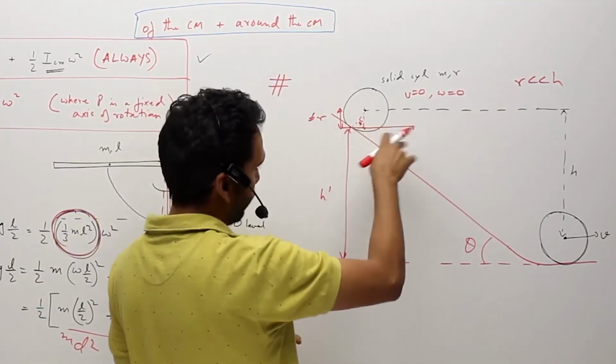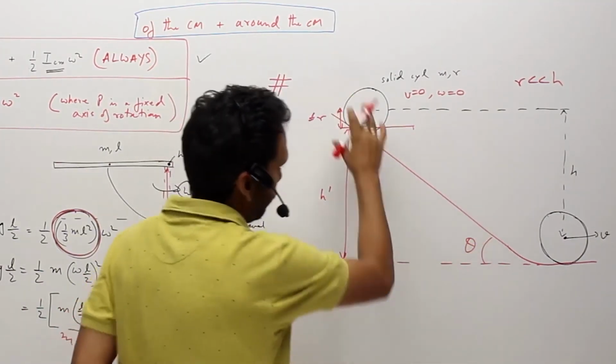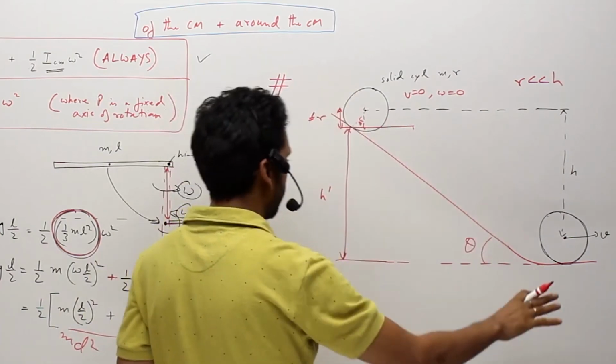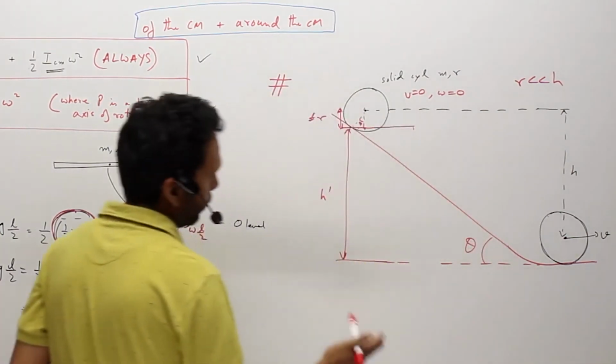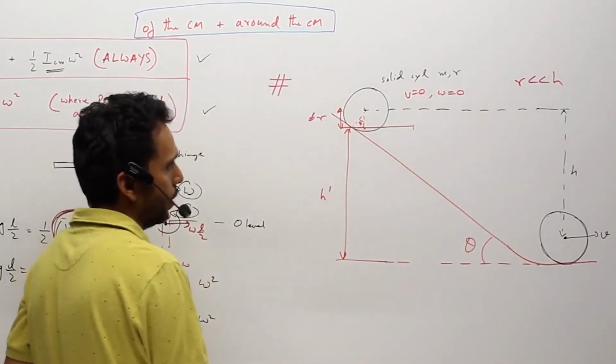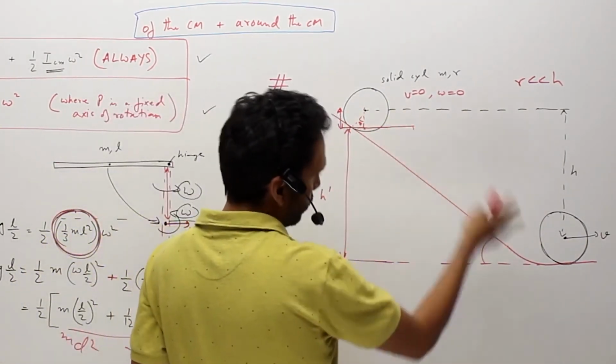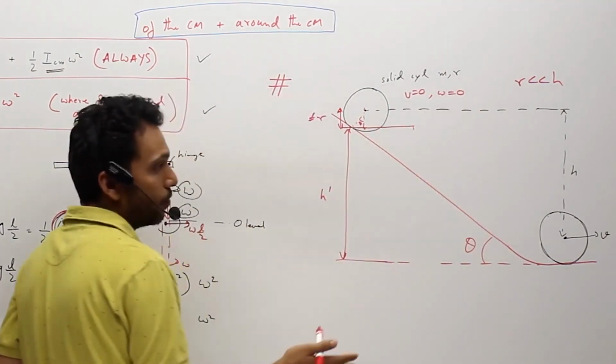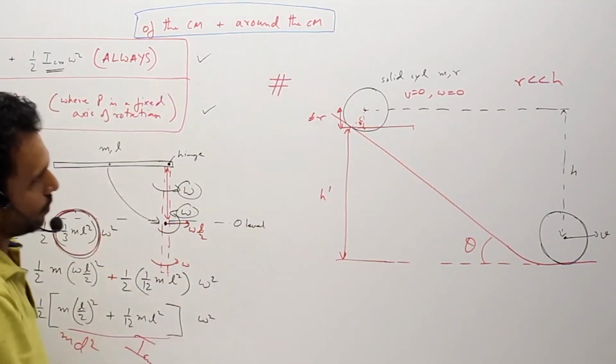Enough friction means it will roll and it will not slide. If it just slides and there is no friction, then your mgh, loss in potential energy, is gain in kinetic energy half mv square. But when it rolls down, your loss in potential energy mgh is not half mv square, but a formula given by all those things.